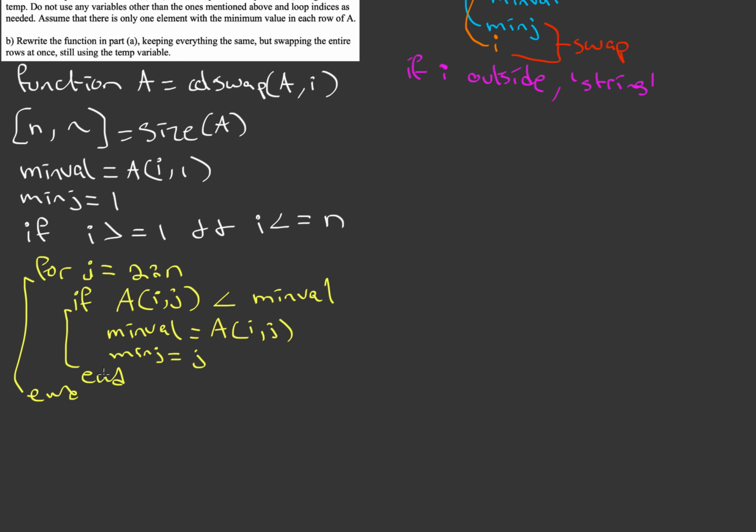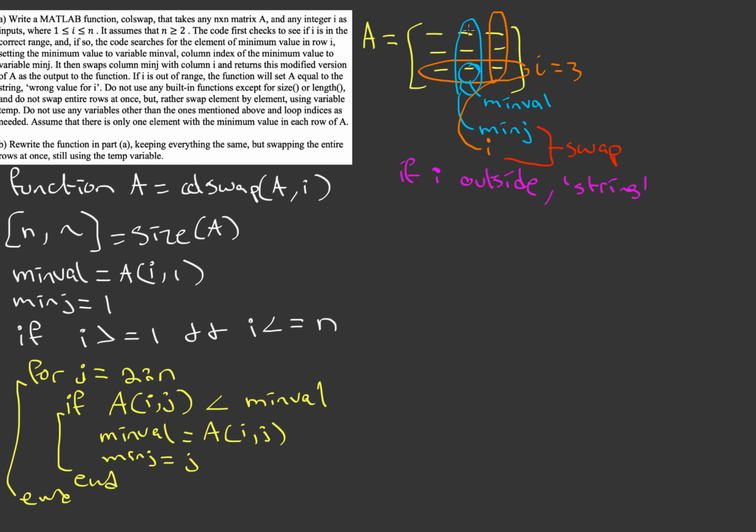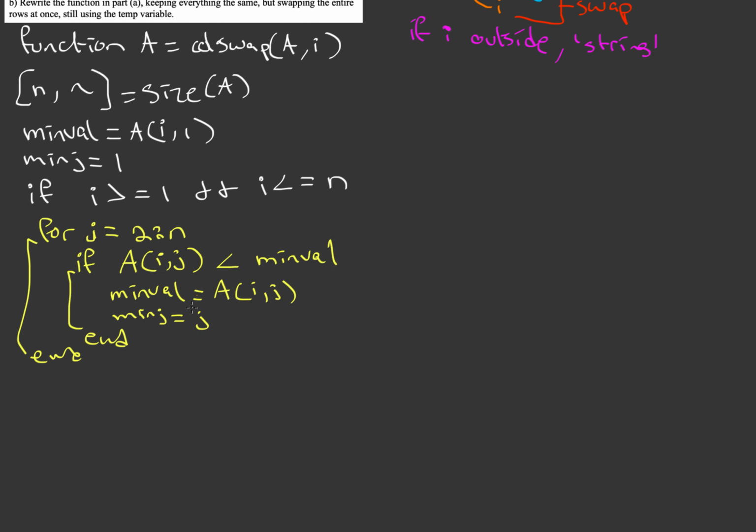Then the next step would be to swap. To swap our columns, we're going to go through every single row in these two columns, and we're going to swap them one by one. So we would say for k is equal to 1 through n, all the rows.